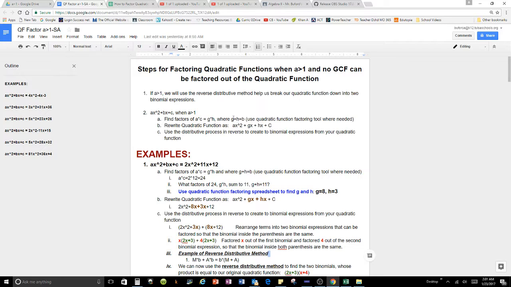Once we get the values of g and h, where the sum of g and h is equal to b and the product of g and h is equal to a times c, then we'll want to rewrite our quadratic function using those values of g and h that we found that satisfied these two conditions.